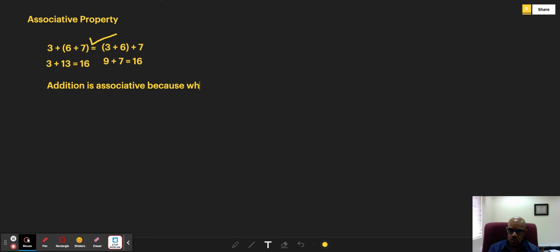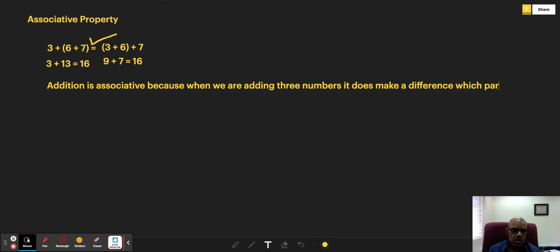Addition is associative because when we are adding three numbers, it does not make a difference which pair of numbers we add first.